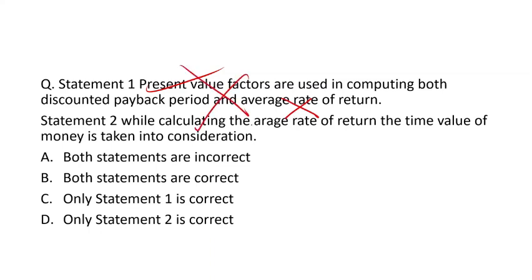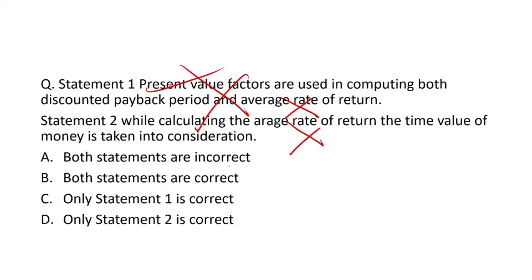If you check statement 2, while calculating the average rate of return, time value of money is taken into consideration. This statement is also incorrect. Why? Because average rate of return is a traditional technique, and in case of traditional techniques, the time value of money is not taken into consideration. But it has said that time value of money is taken into consideration.